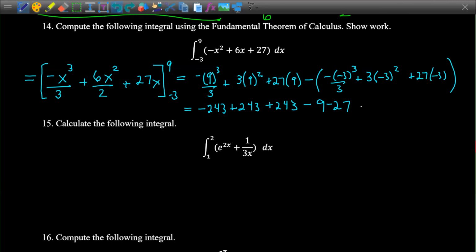So it's going to be plus 81. And I got 288. Hopefully I didn't make any mistakes.